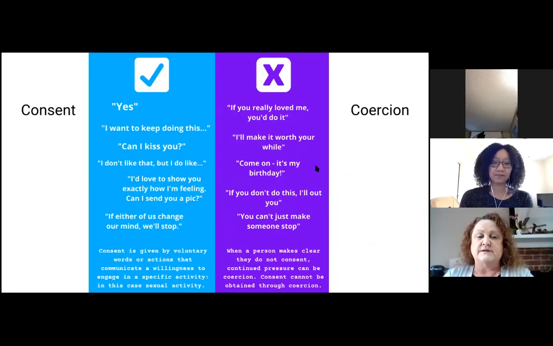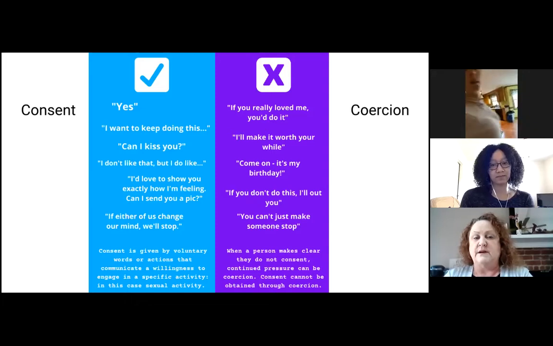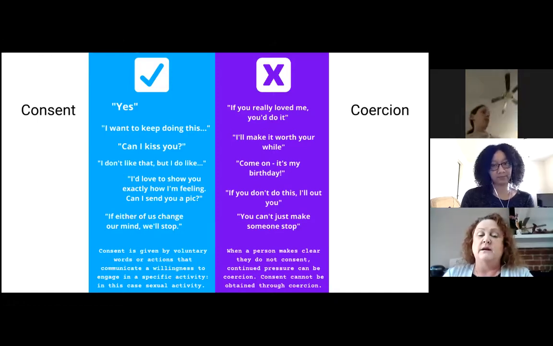So this is kind of the difference between consent and coercion. We think of consent as just going along with something, but that's not so. This needs to be a definite yes, a definite, I want this to happen, I like that, or I don't like that.